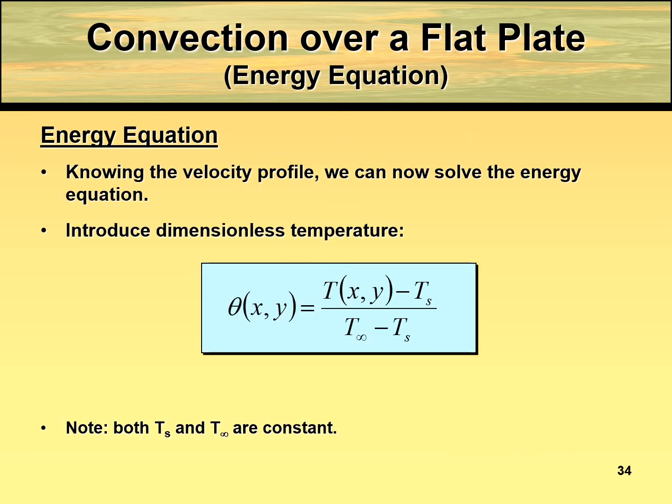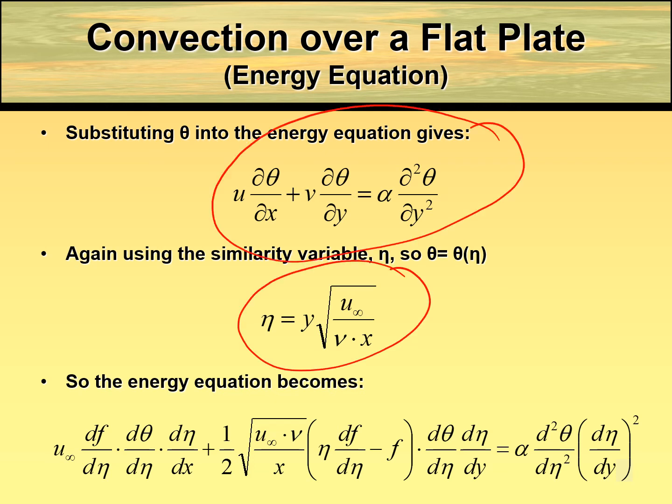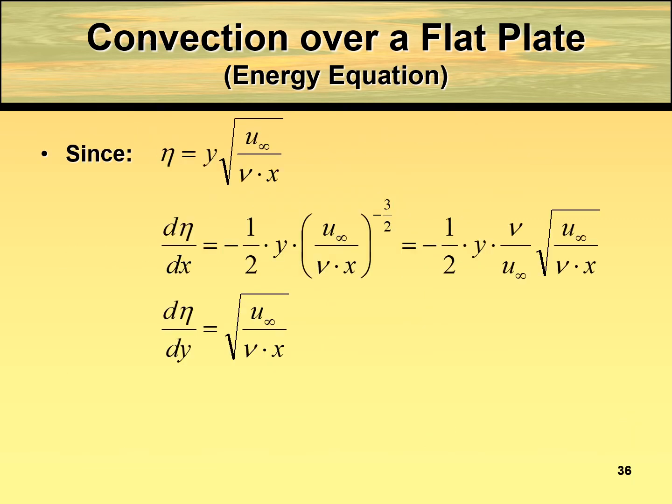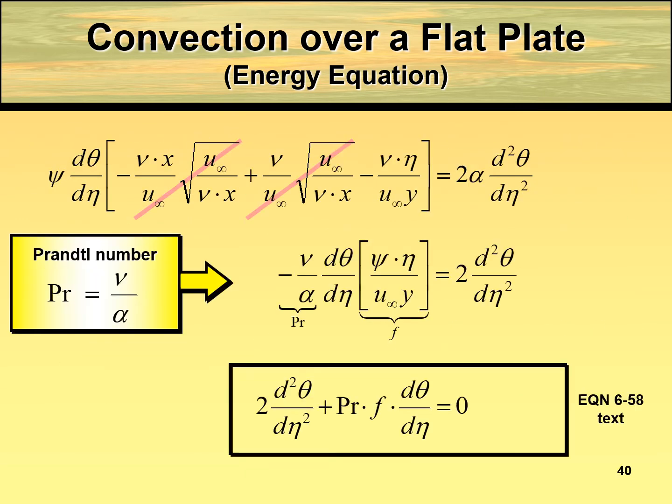So if we apply the energy equation, where we take the temperature difference between any point in the x and y direction and the surface temperature, divided by the difference between the free stream temperature and the surface temperature. With that, applying it to the energy equation and once again using the similarity variables, you can look at the derivation in the PowerPoint slide.